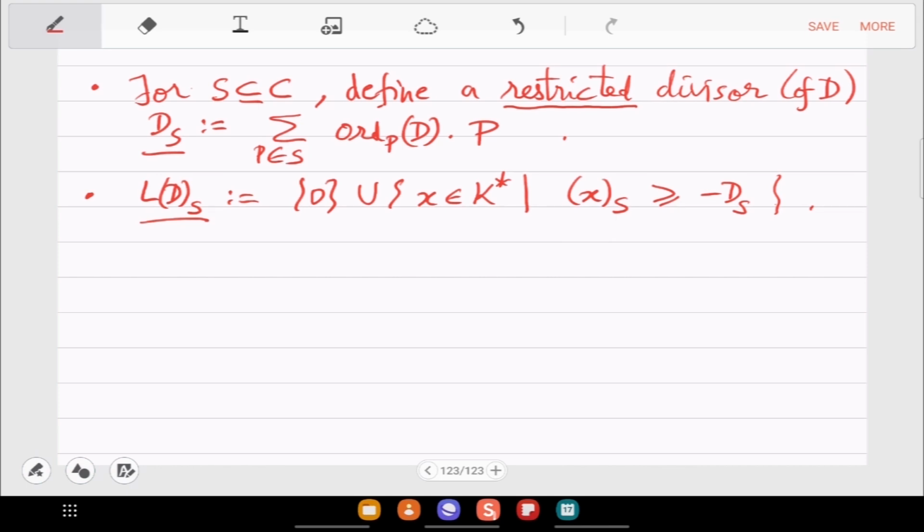Then this is not putting any constraint. So that is the difference.